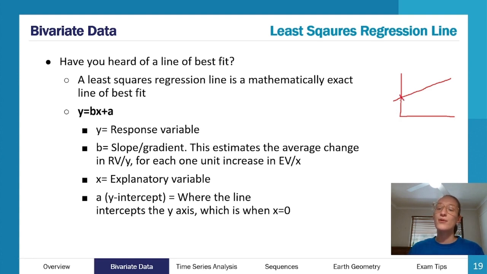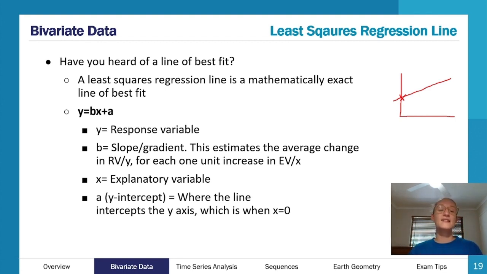This is our y-axis, so this is where our line intercepts our y-axis. Conveniently, this is our x-axis, whatever our scale is, might be 0, 1, 2, 3, 4, 5. Where the line intercepts the y-axis, it's always going to be when x is equal to 0. That's another cool little trick if you're ever needing to calculate that.